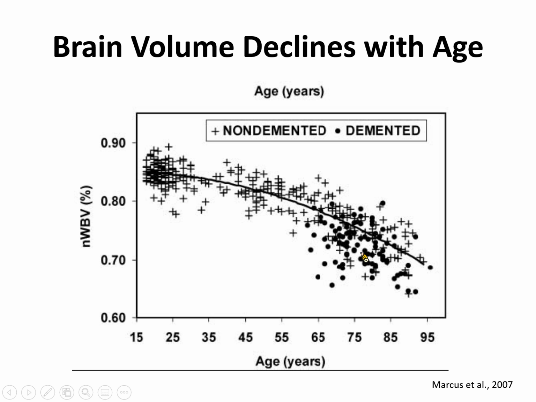And for those with dementia, you can see an even greater decline of brain volume. That is one hypothesis, that Alzheimer's disease can accelerate brain volume reductions. That is one result that we can find in brain studies.